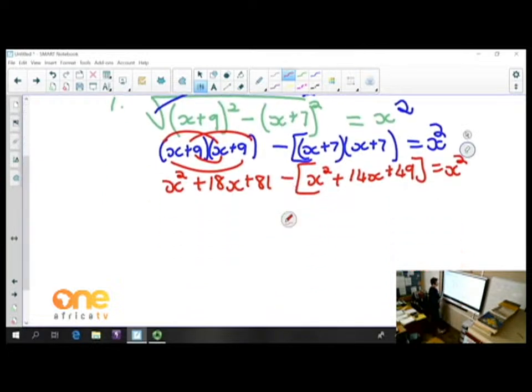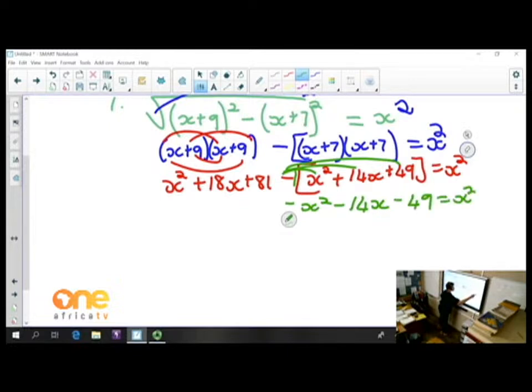Quite a large sum. Now here all the signs are going to change because I multiply a negative 1 in each one there. So then it is negative x squared, negative 14x, negative 49, which is equal to x squared. Okay, so this x squared and this one will cancel out. And I'm going to take them all over to the other side.